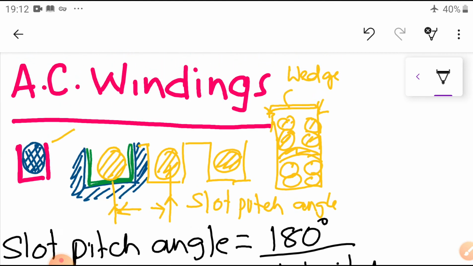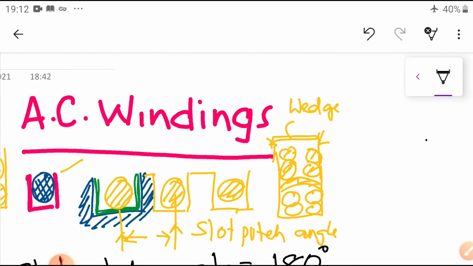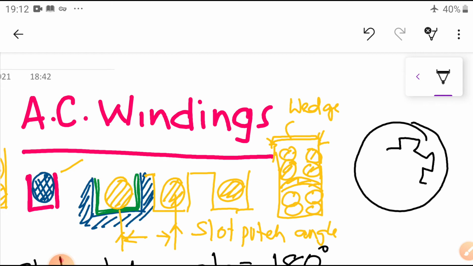That means whatever slots the machine consists of, if you know the number of slots and the number of poles, we can easily calculate the slot angle.